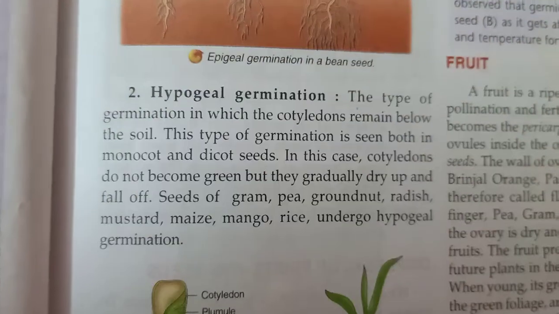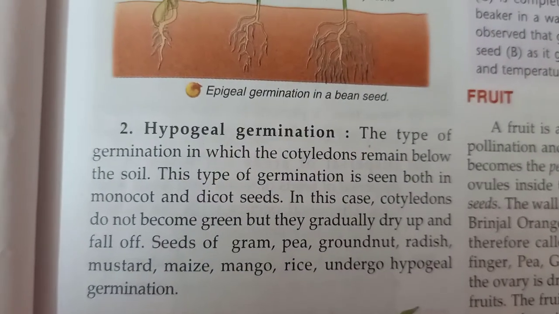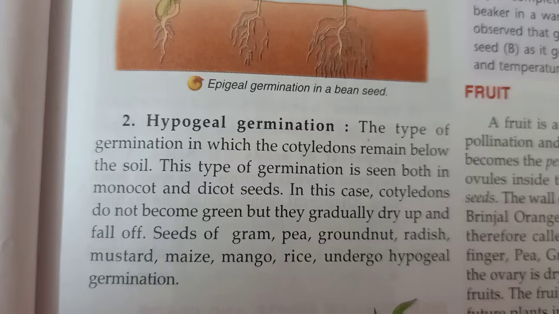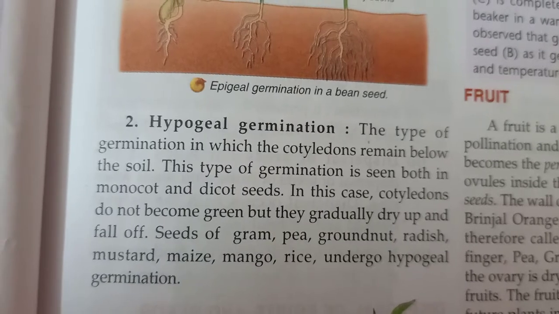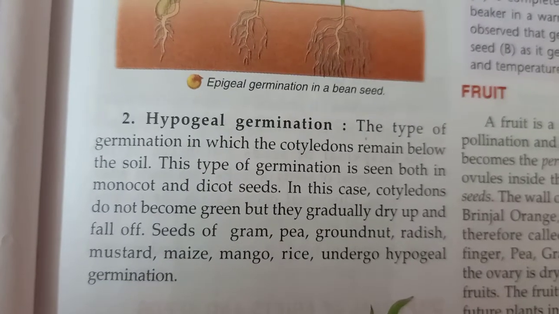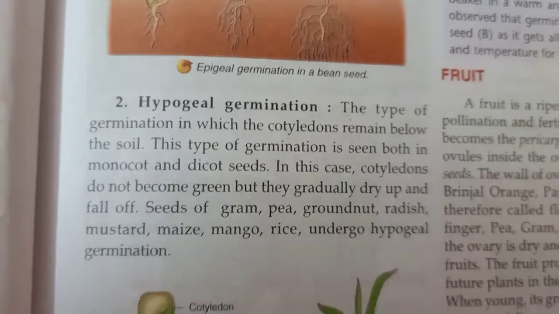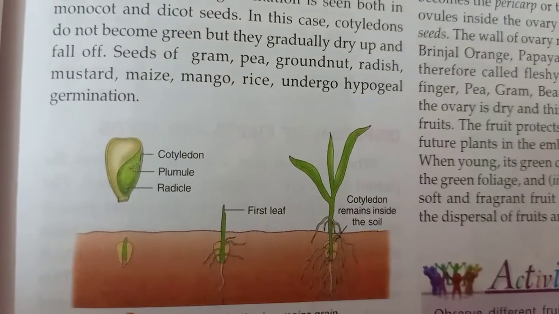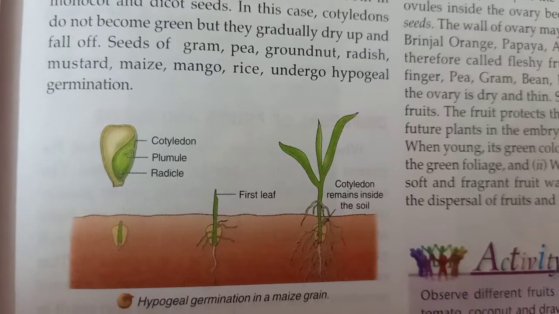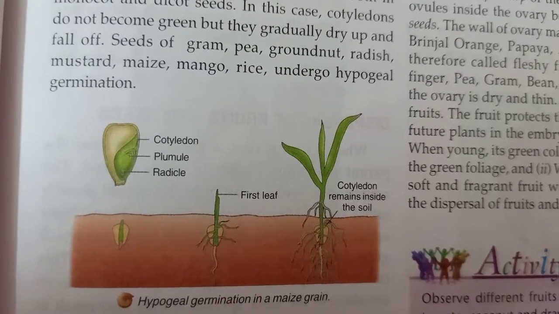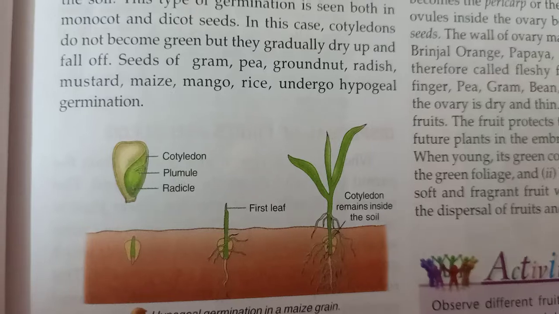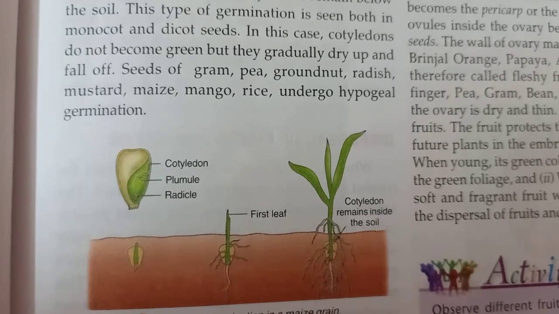Now we see hypogeal germination, the type of germination in which the cotyledons remain below the soil. You can see in the diagram that the cotyledon remains inside the soil.